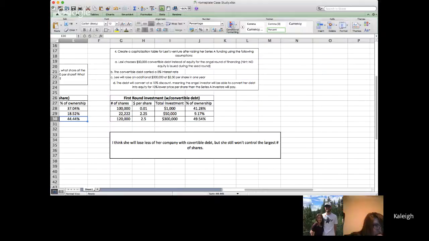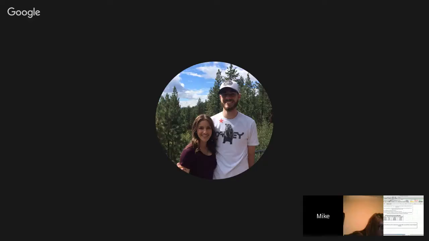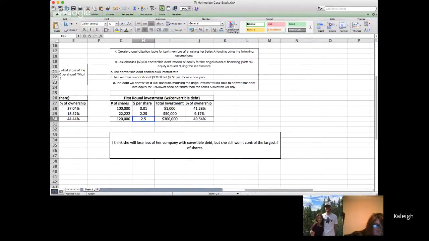So we already know that the Series A investor was this bottom one. We already know they said they'd invest $300,000 at $2.50 a share. And then it says that the angel would invest $50,000, and their price per share would be 10% off of Series A. So 10% of 250 would be 25 cents.